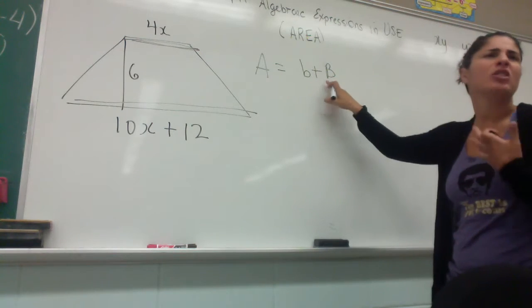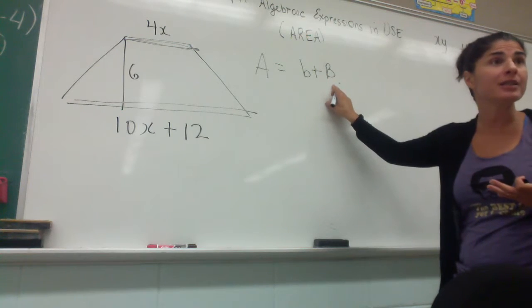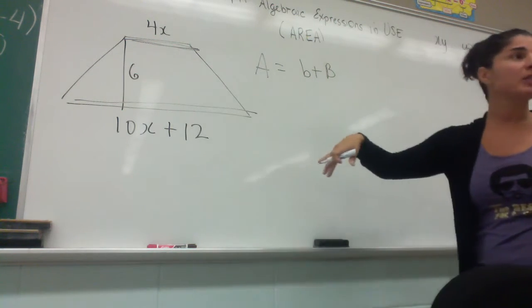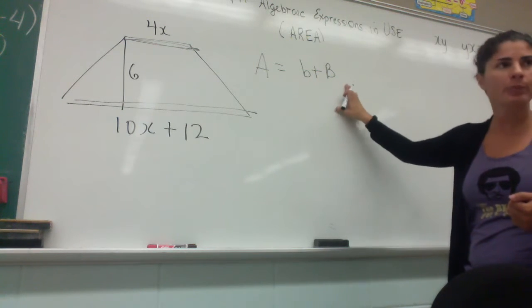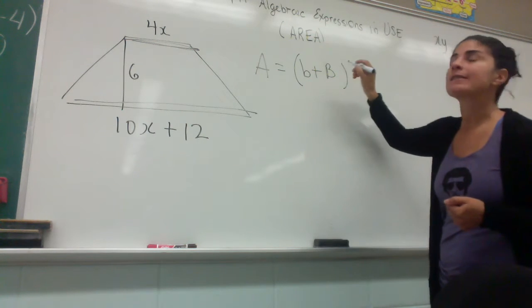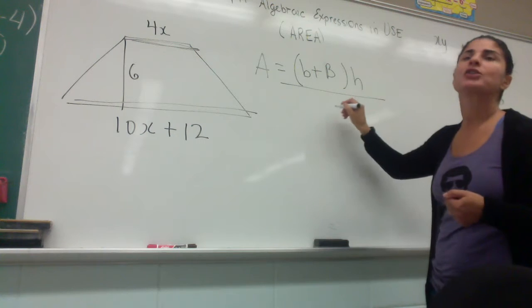So small base, you can call them whatever. You can call them yin and yang. I don't care. But you have to know what it means. The bases are the parallel lines. One's usually smaller than the other. So base plus base times height, all divided by 2.